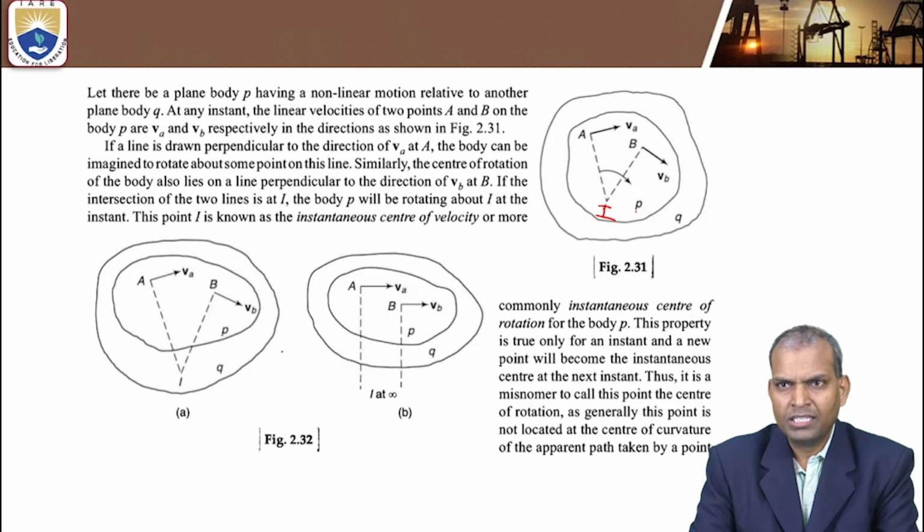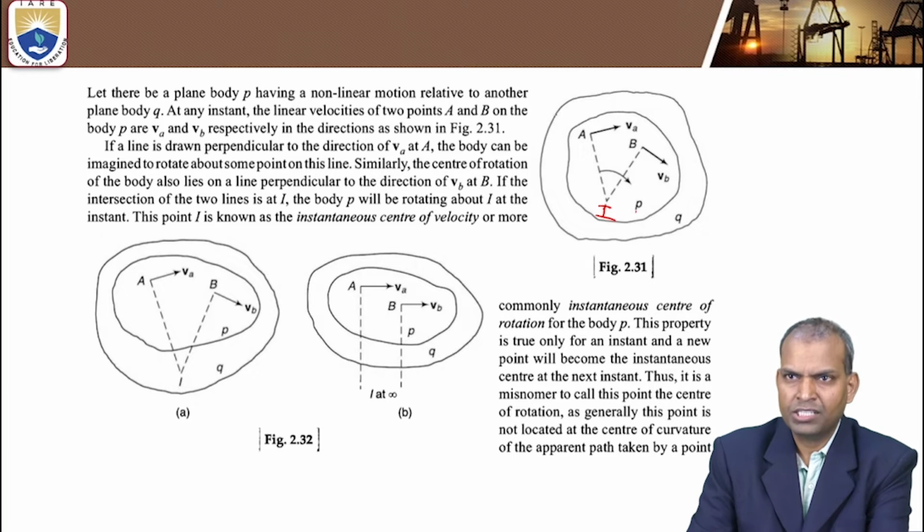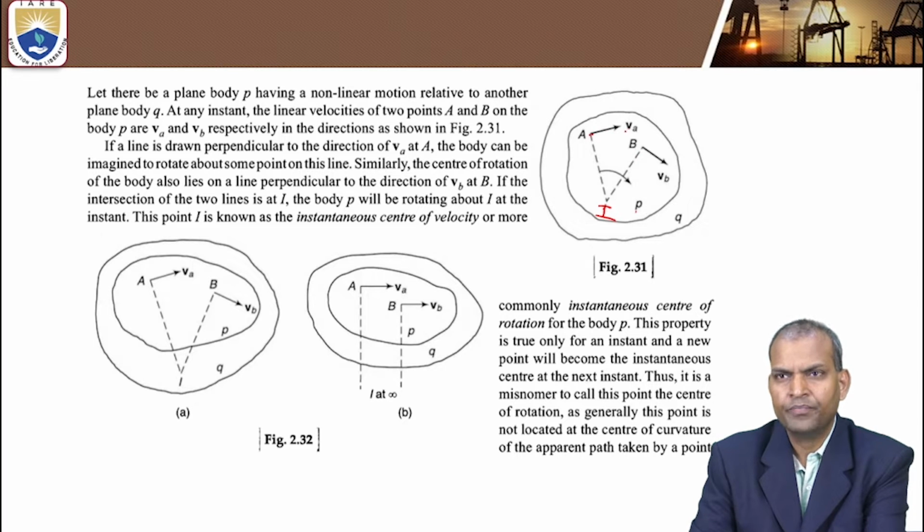At this instant, when points A and B have velocities VA and VB in these particular directions, the instantaneous center is I.